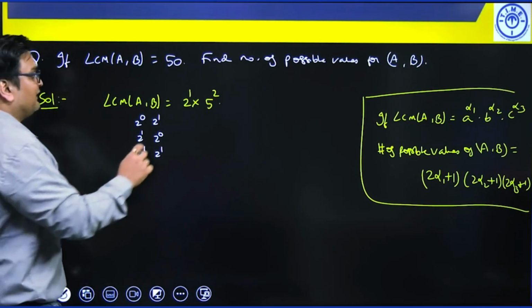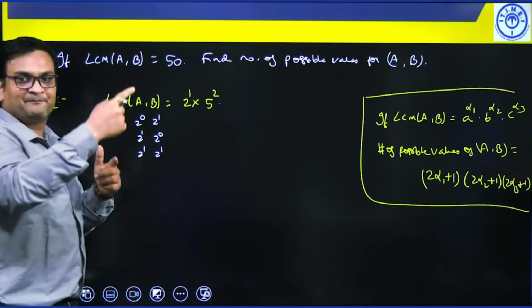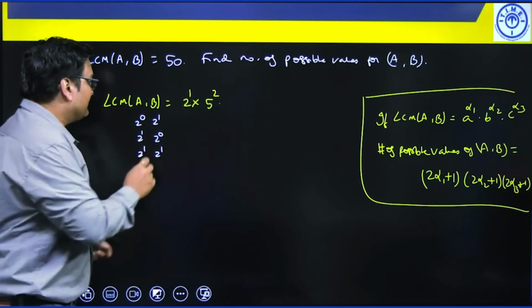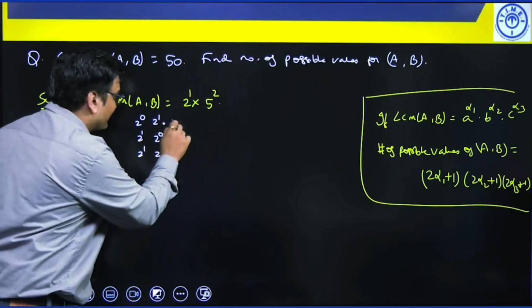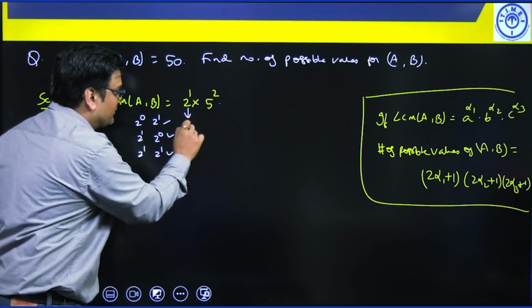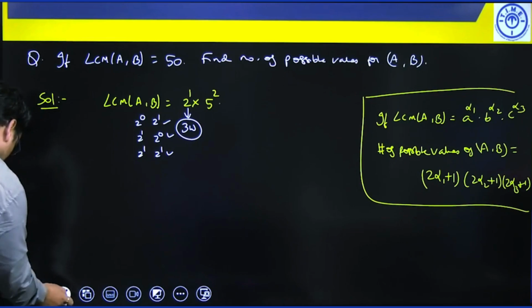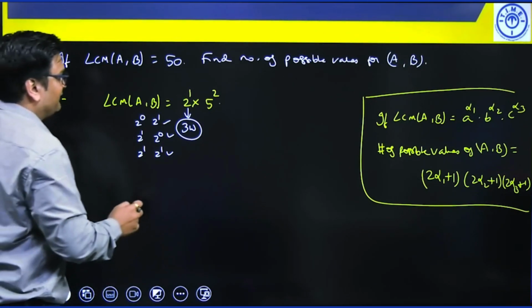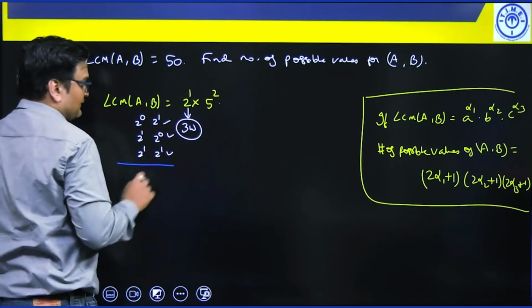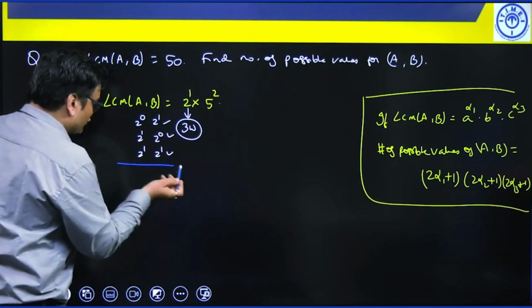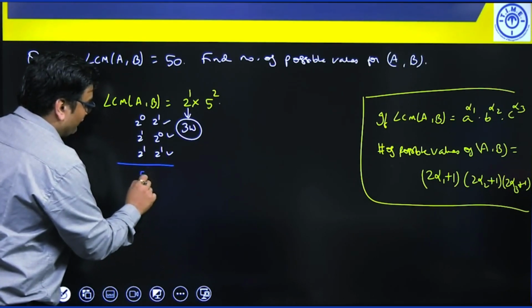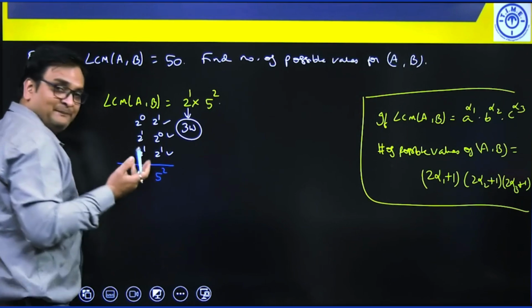So that means this 2 power 1 value can be distributed over A and B in 3 ways, correct? I hope you see that. Next, observe, if I look at 5 power 2, how can I distribute 5 power 2? It could be like A has no 5, B has 2 5s.